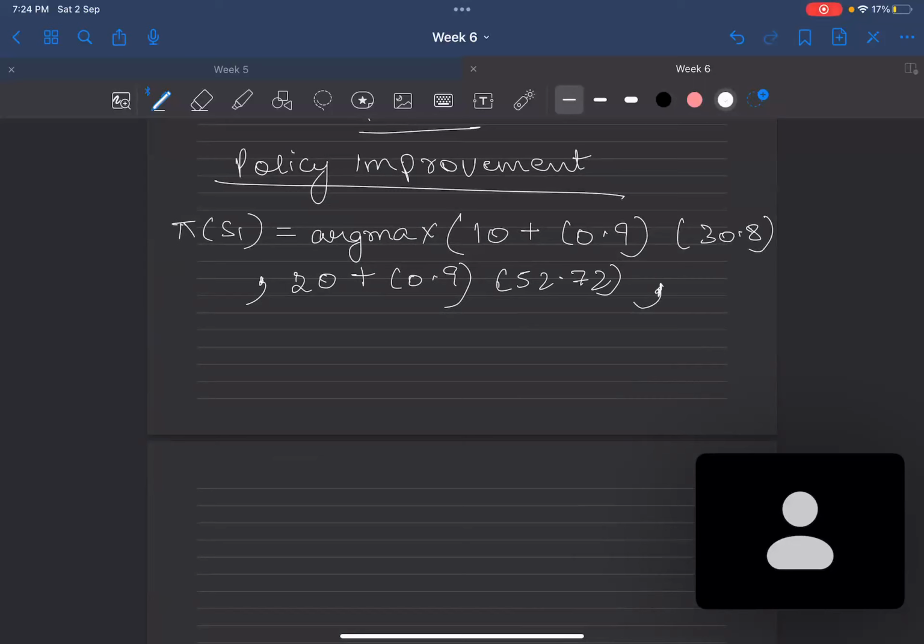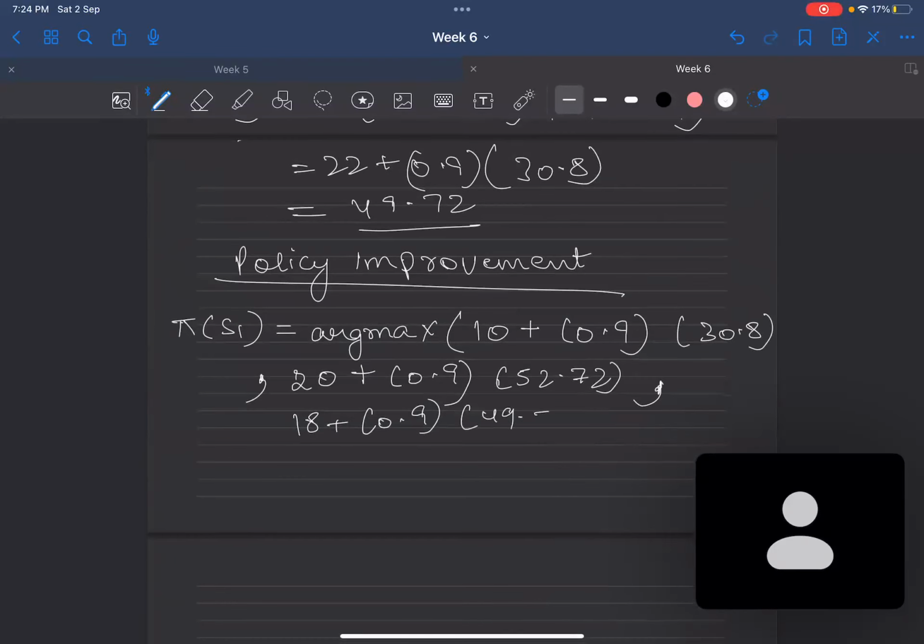S1 to S3: 18 plus 0.9 into 49.72. I think this is the highest one, 52.72, so we go from S1 to S2 only. So pi of S1 goes to S2.